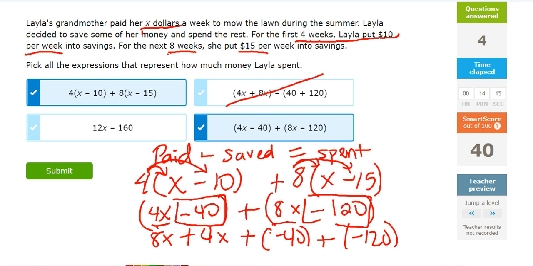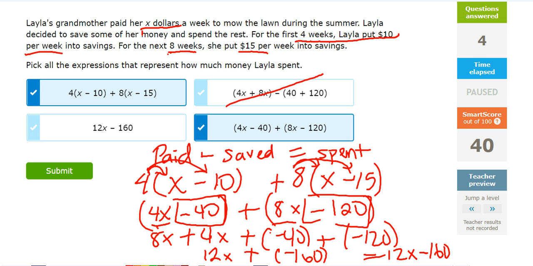So when we put all that together, that gives us 12x plus negative 40 plus negative 120 will be negative 160, which is really just 12x minus 160. Okay? So that means that we have a third answer choice. So this is the importance of writing everything out while you're thinking, and then there you go.